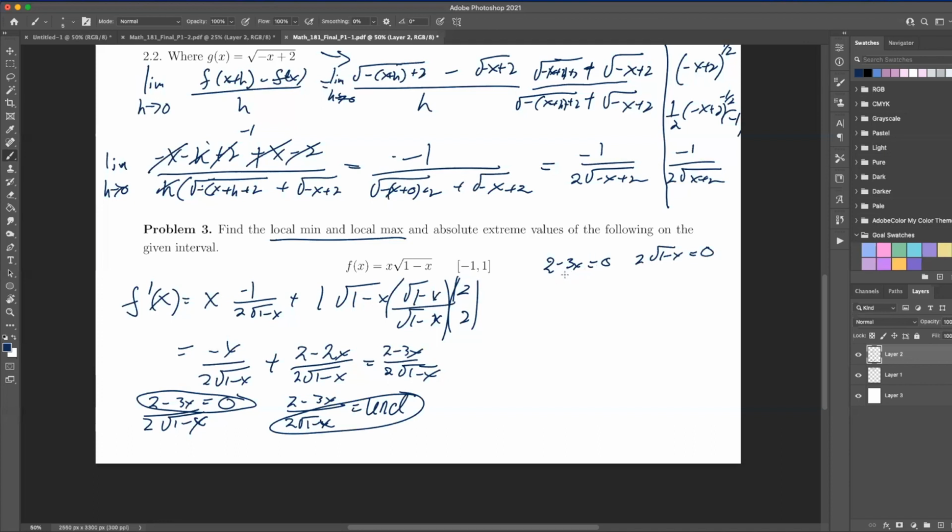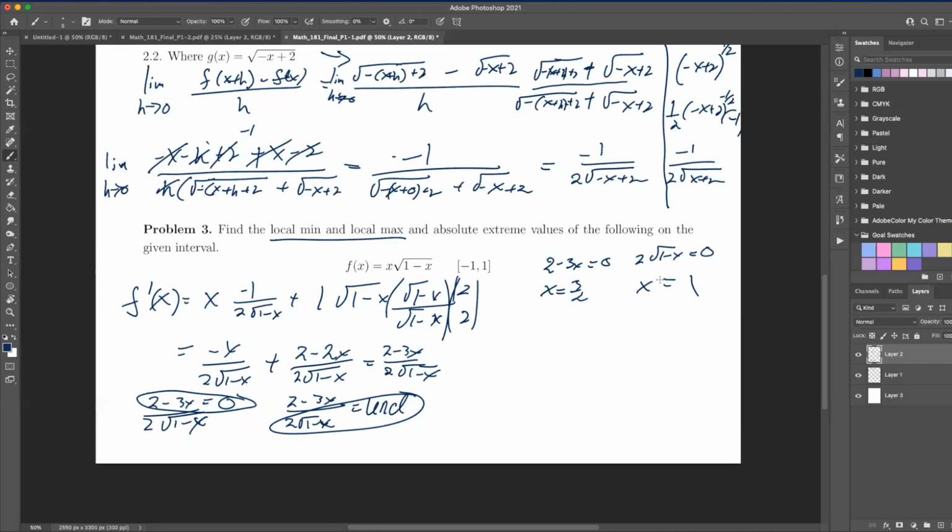So this should tell me that x is equal to 2/3, and x is equal to, square both sides, x should be equal to 1. Yes. 1 here, that's 0. 2/3 here, I get 0.